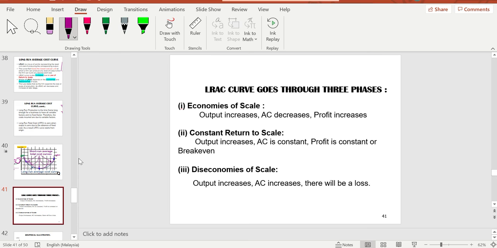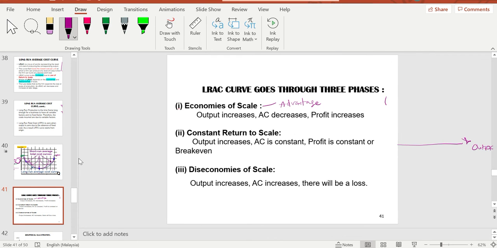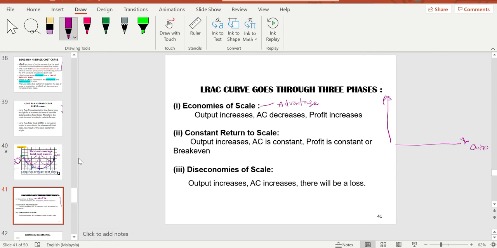Okay, so long run average cost curve goes to 3 phases. Pertama, economies of scale. Economies of scale ni maksudnya advantage. Sebab apa kita panggil dia advantage? Sebab masa fasa yang pertama, as time goes by, bila kita add output, okay, ni long run average cost.